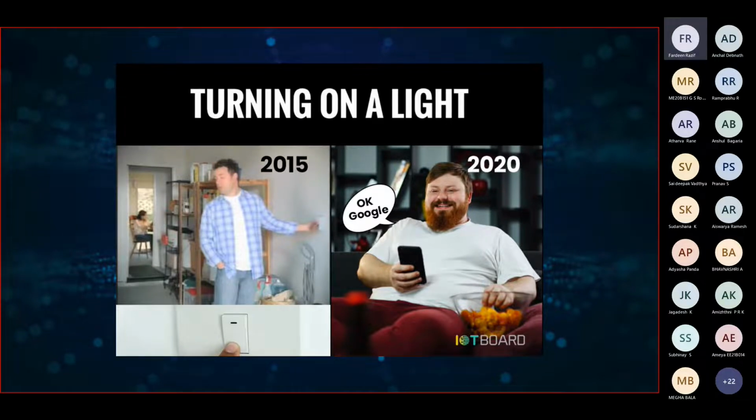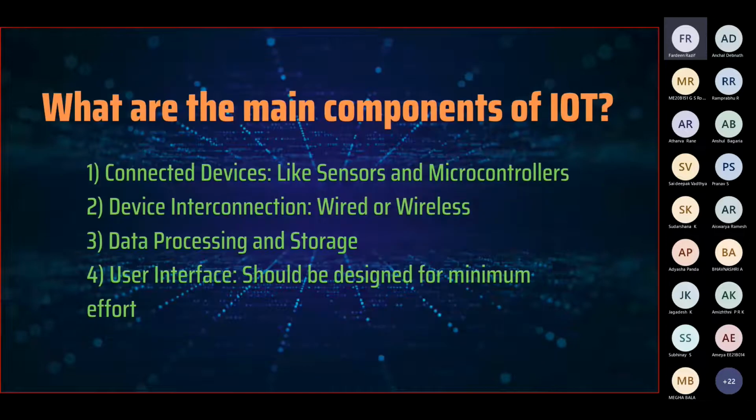Now on the next slide. What are the main components of IoT? While communicating, how do we actually do this? We will have some devices which are connected. For example, if you remember in the last session, we used a temperature sensor. How did we do that actually?